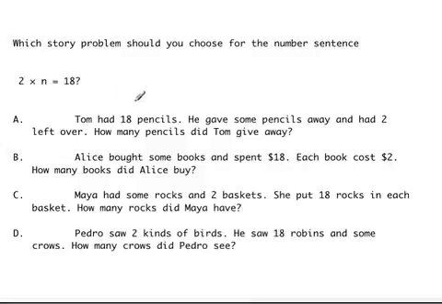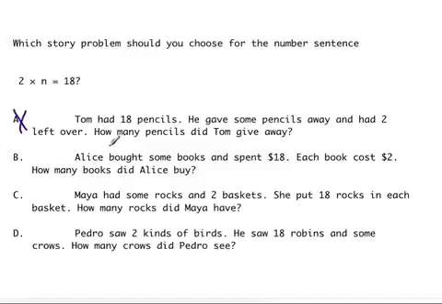Look at each problem, look at the numbers, and see what is going to work for this number sentence. Is this a takeaway problem? Nope. Tom had 18 pencils. He gave some away and had 2 left over. Is this showing takeaway? Letter A doesn't work.